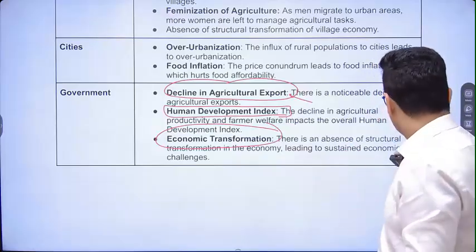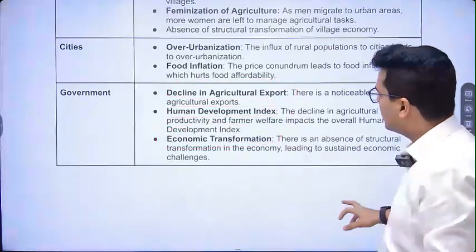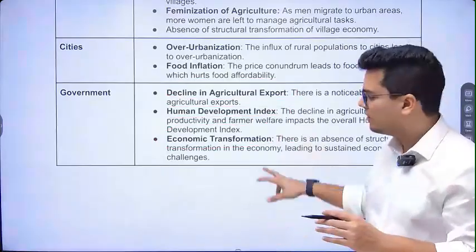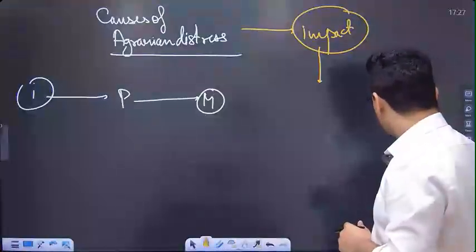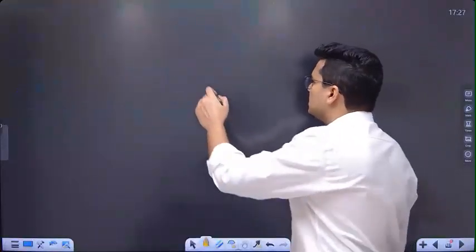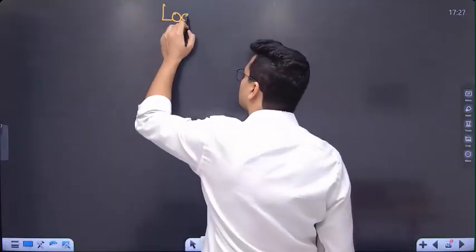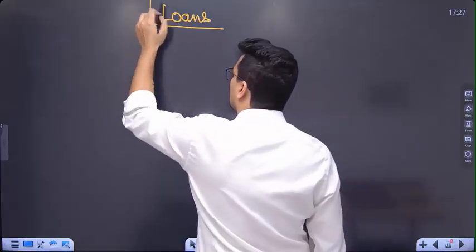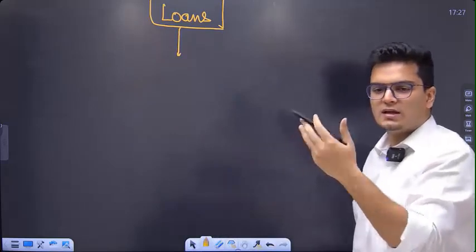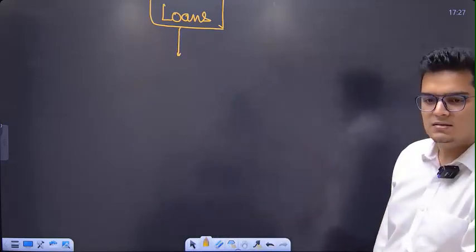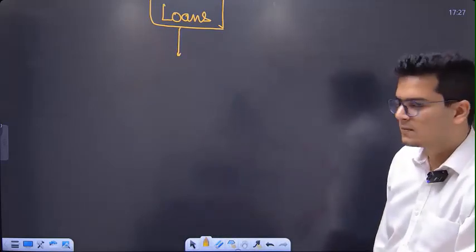Now, we read that 52% of agrarian households are in debt and there are 11,000 farmer suicides. So, first, let us read about agricultural loans. Usually, close to the election year, some parties promise loan waivers.